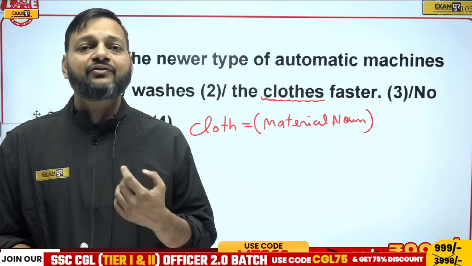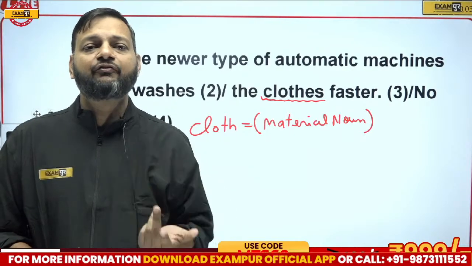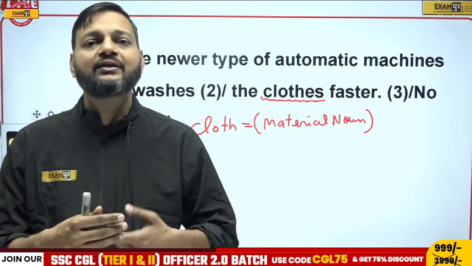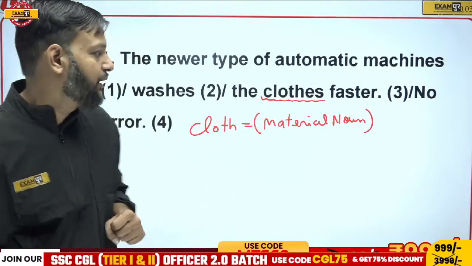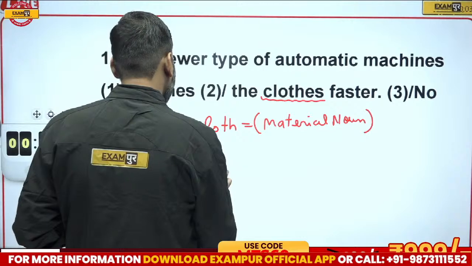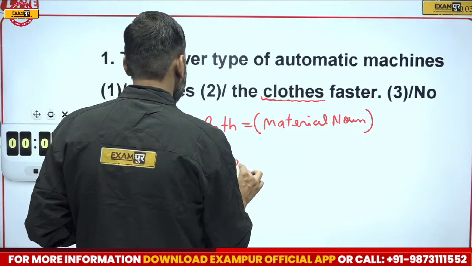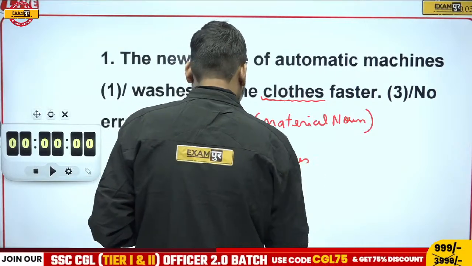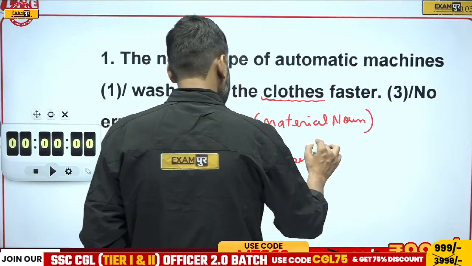Like, my shirt is made of cloth. Red cloth. Cloth is used for various things, so cloth is a material noun. But when we write clothes, its meaning is actually the dresses that we wear.